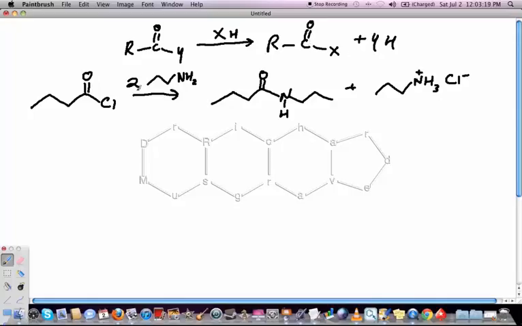As I said earlier, we're going to need two equivalents of amine, and that's because the amine is basic and the HCl we're forming is acidic. And I'll explain the consequences of not using two equivalents of amine in a second. Alright, so let's go ahead and show the mechanism.